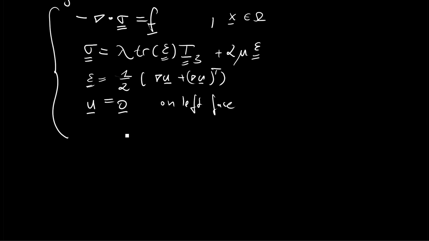So this might seem a little bit odd for a Neumann boundary condition at first, but it will make sense in a second. So we will have sigma multiplied with n, which is the outward facing unit normal vector, is equal to 0. And this is on all other faces of our domain, or our cantilever beam.